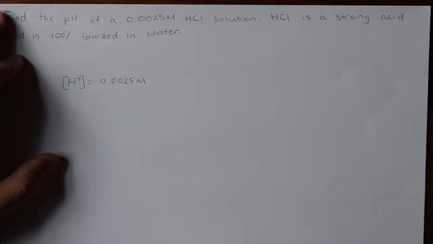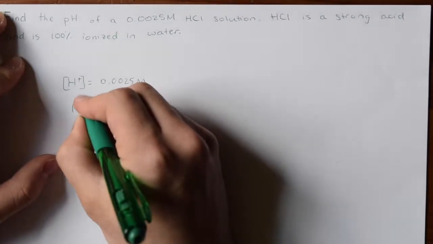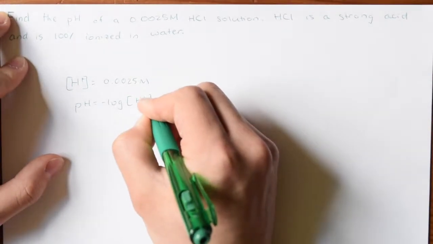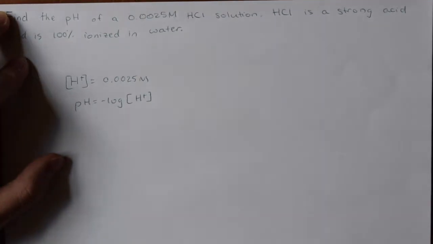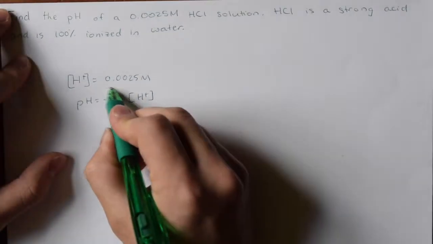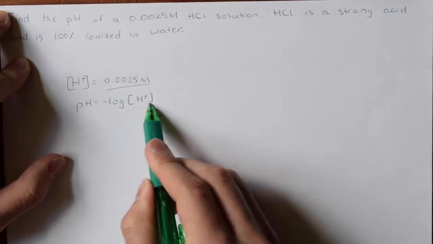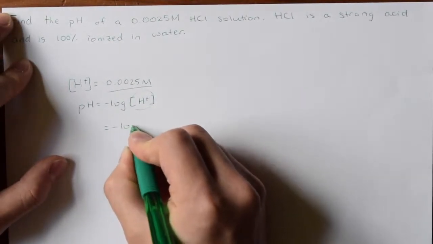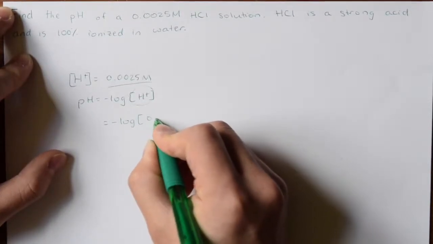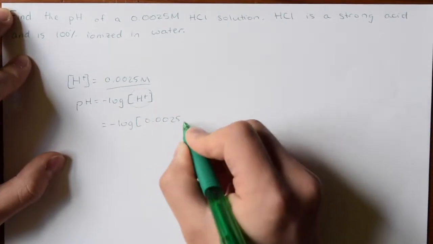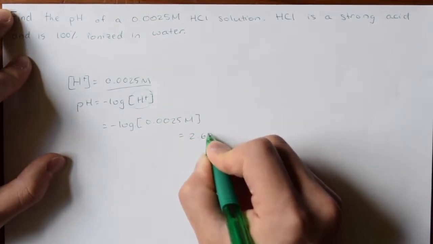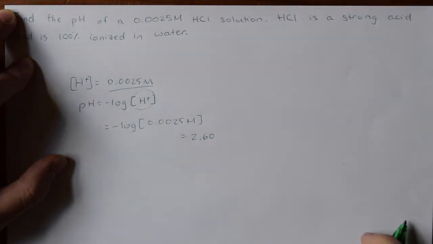To find the pH of this, we would have to use this equation. So all we have to do is plug this number into this equation. And there's your answer.